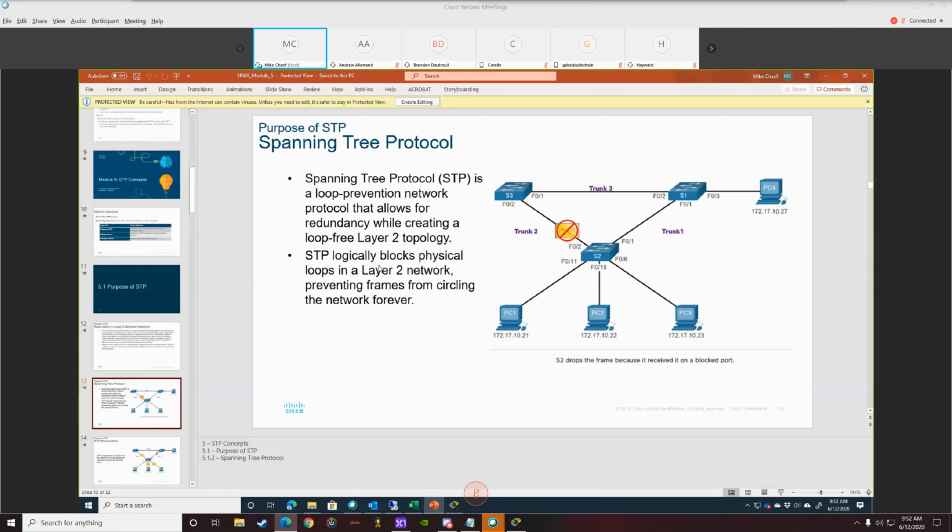STP logically blocks a port. We did not physically shut down this port or this port. Physically that link is still there, but logically we shut it down. It's still in there. Now, here is the question.